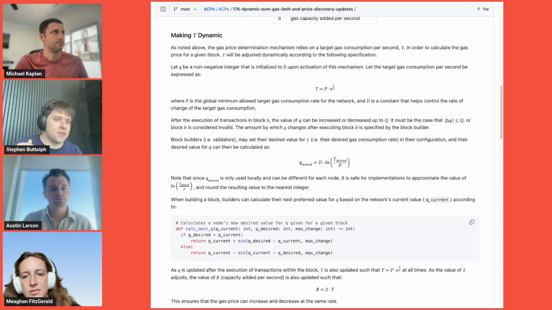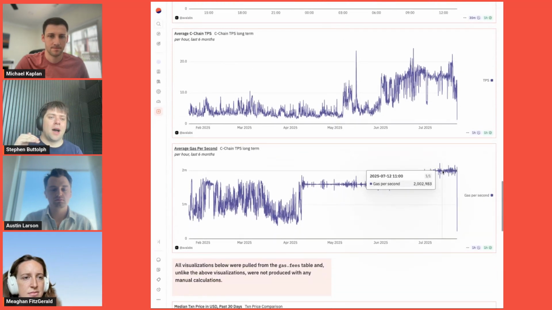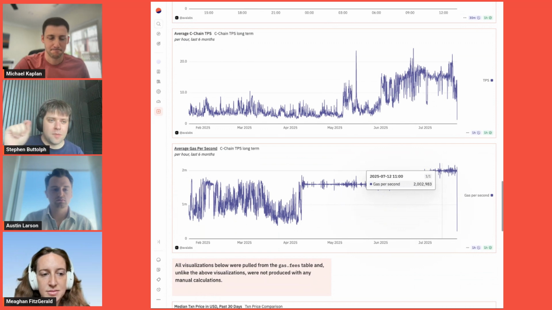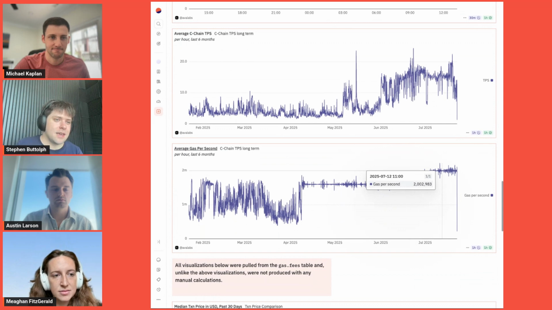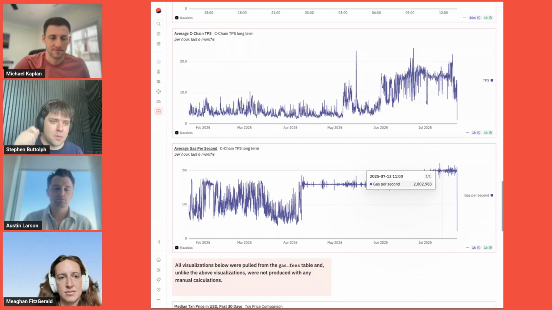If some validator out there says this is ridiculous, we need to increase the target to 3 million gas per second, they can just go into the C chain config, put 3 million as the gas target, and then whenever their node proposes a block, they will push the target towards 3 million.